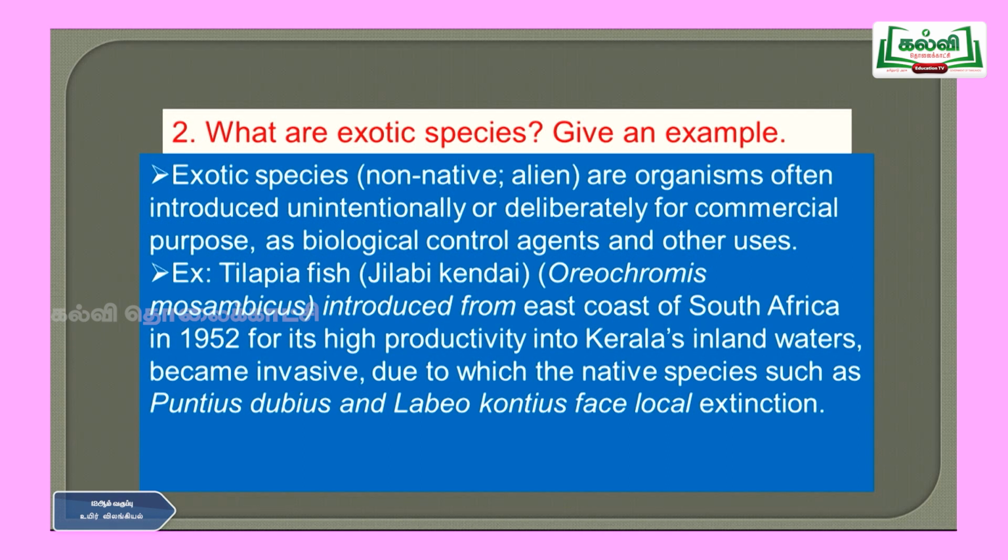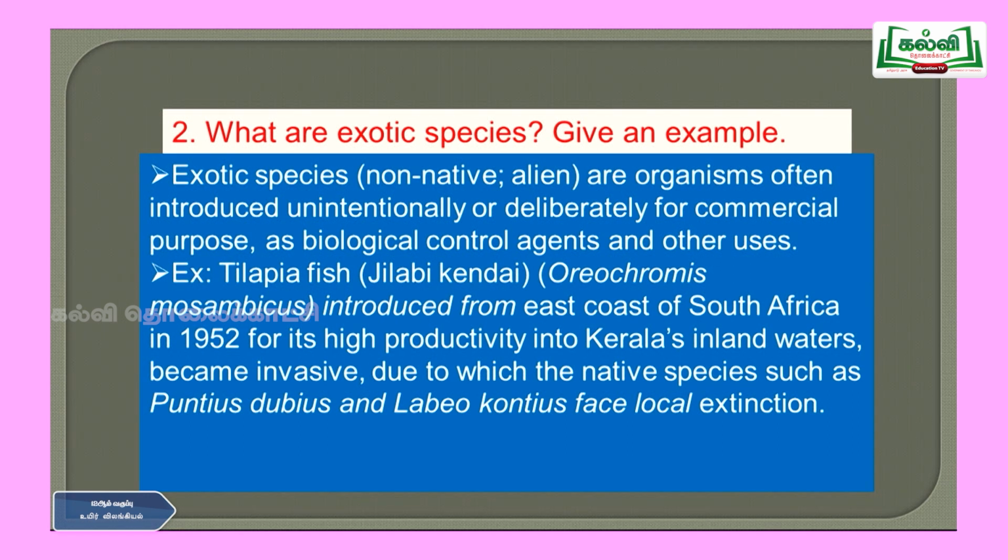So an example is the tilapia fish, Jilebi Kendai in Tamil, zoological name Oreochromis mossambicus. It was introduced from the east coast of South Africa in 1952 for its high productivity into Kerala's inland waters, and it became very invasive.